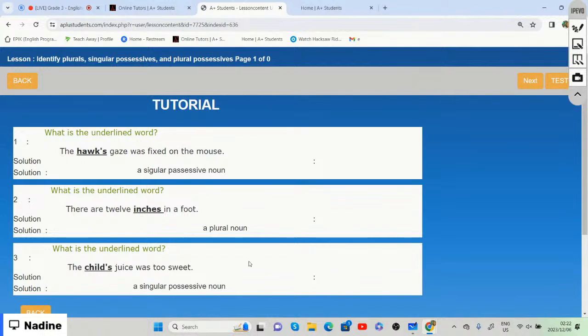So if we look at these example activities, it says, what is the underlined word? The hawk's gaze was fixed on the mouse. So we need to say if it's singular possession or plural possession.